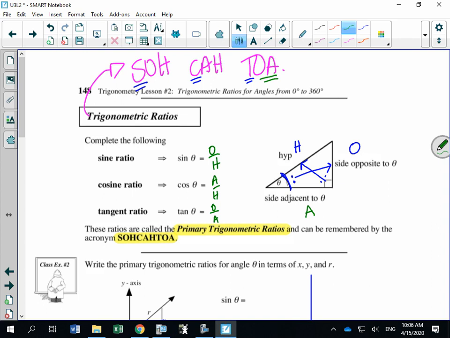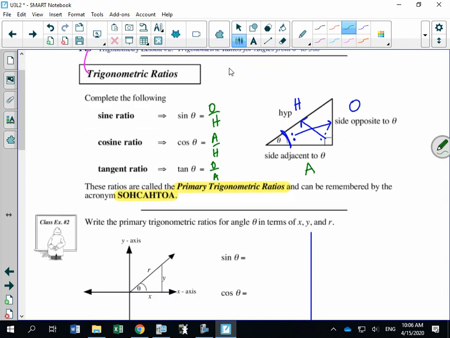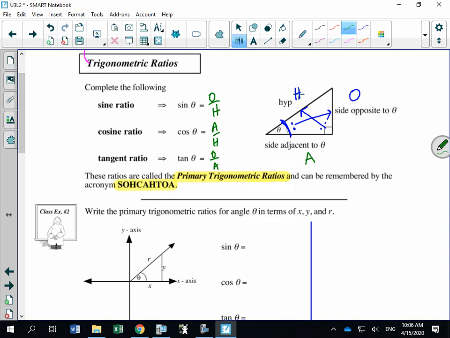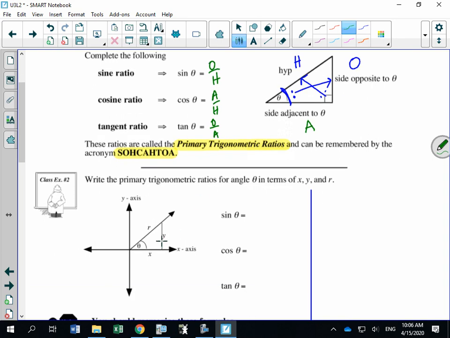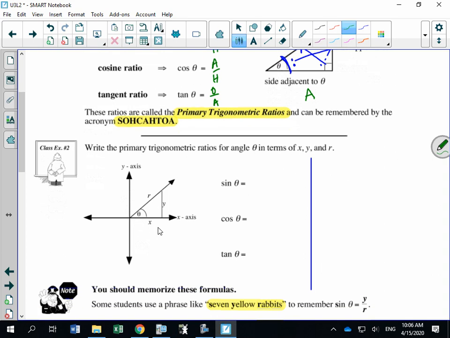Why do I not do Sohcahtoa? Any triangle that I draw, I could now draw in quadrant 1 on my Cartesian plane. I know from class example 1 that there are 3 sides to my triangle. This distance here is x, this distance is y, and this would be r.